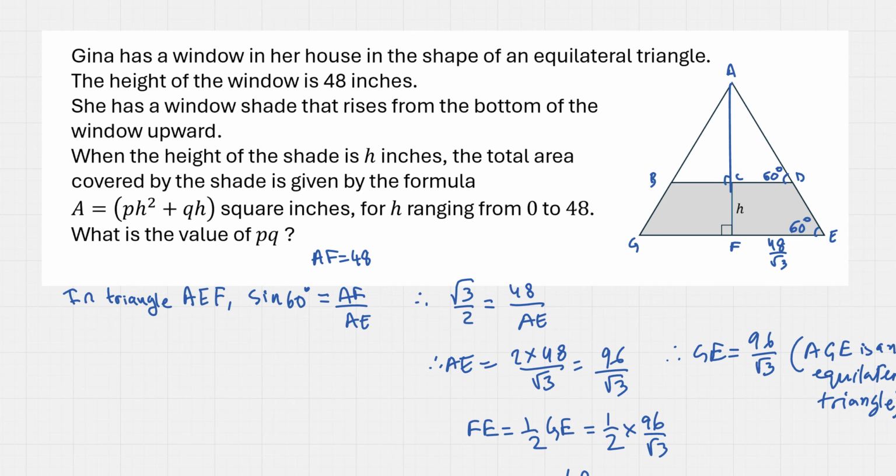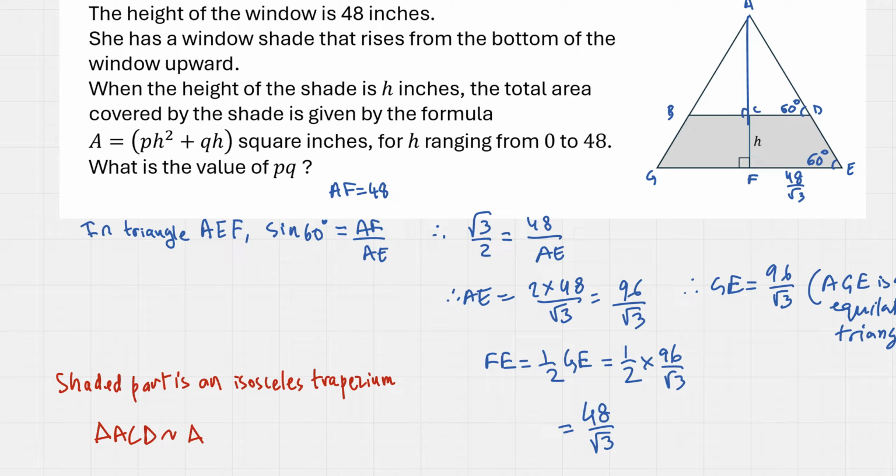Now, triangle ACD is similar to triangle AFE.